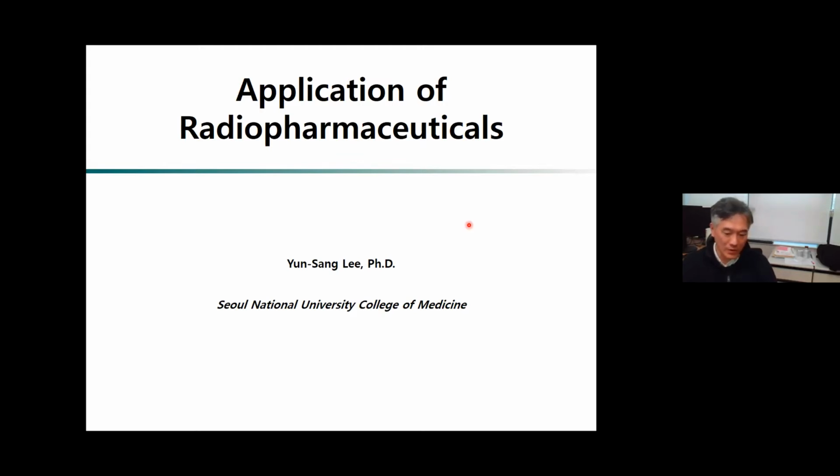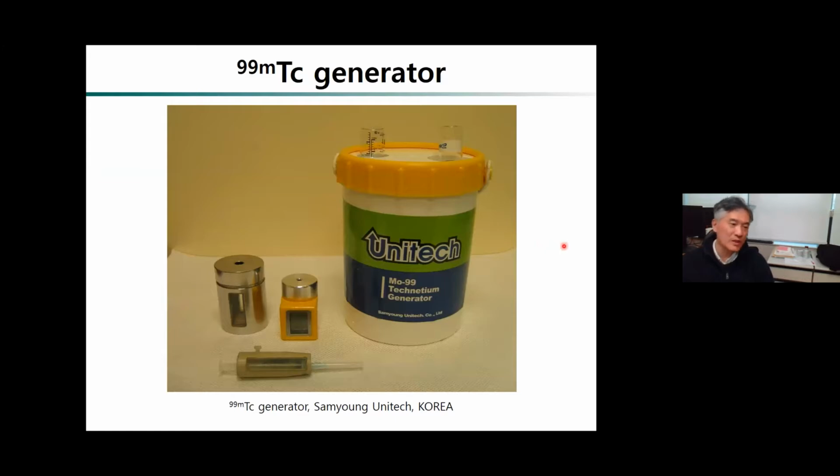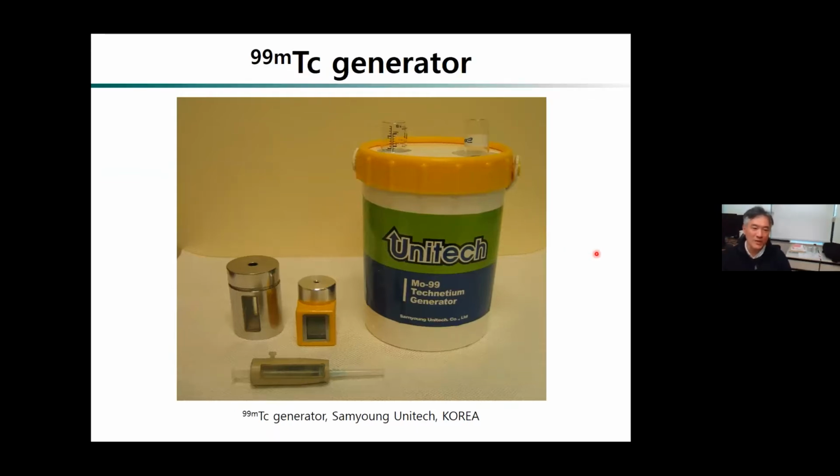So first of all, we start with the technetium radiopharmaceutical because of its specific features. Technetium is very good for the gamma camera and the sodium iodide scintillator, and most of all, technetium-99m can be generated from the technetium generator I mentioned last week.